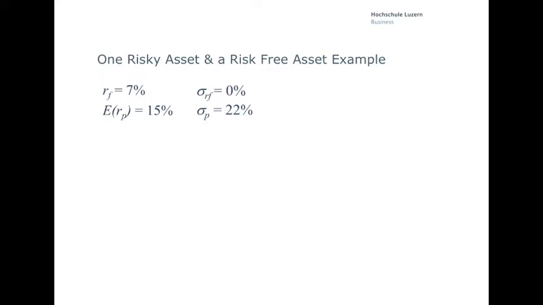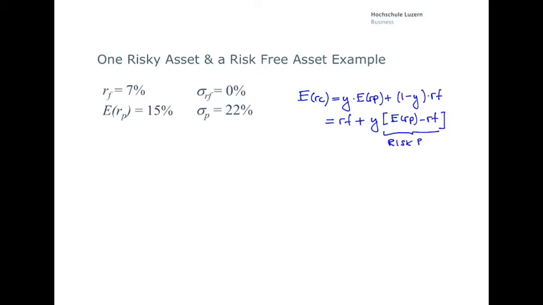With a proportion y in the risky portfolio and 1 minus y in the risk-free asset, the rate of return on the complete portfolio is denoted RC. So we can calculate the expected return of the complete portfolio by simply adding y times the expected return of the risky portfolio plus 1 minus y times the risk-free return.